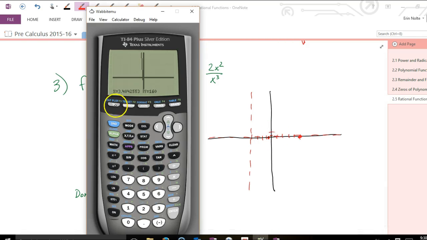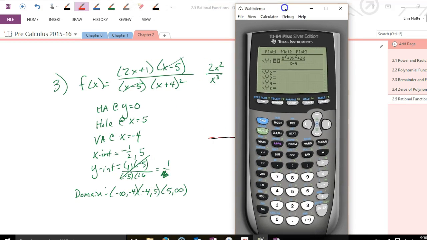Alright, so we're going to type this in. Alpha y equals. On the top I have 2x plus 1 and x minus 5.